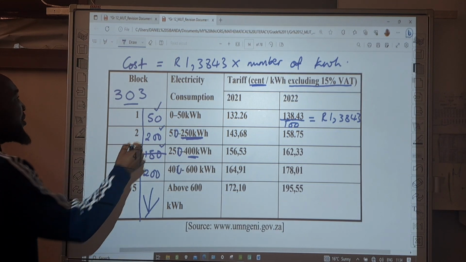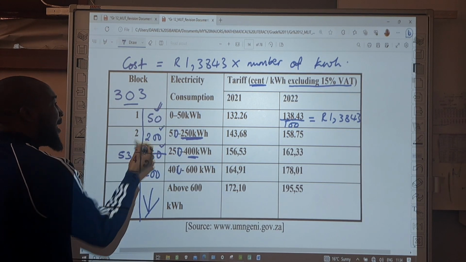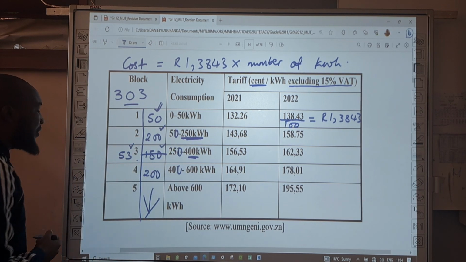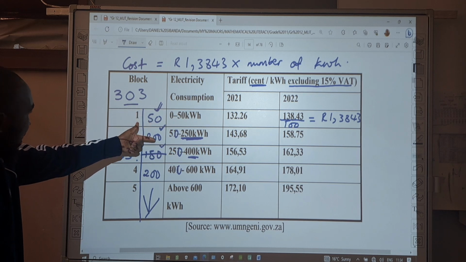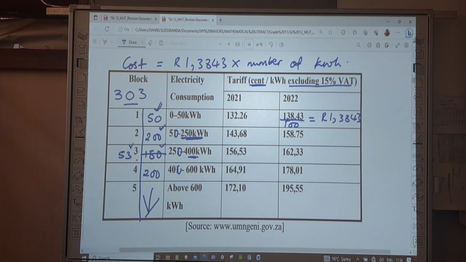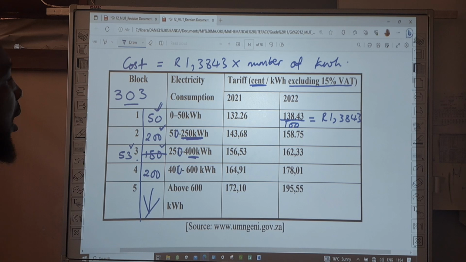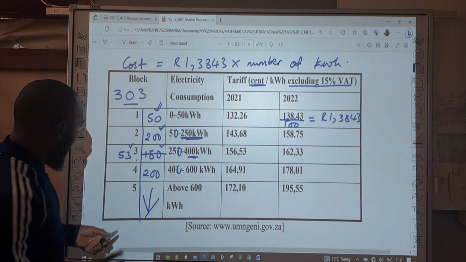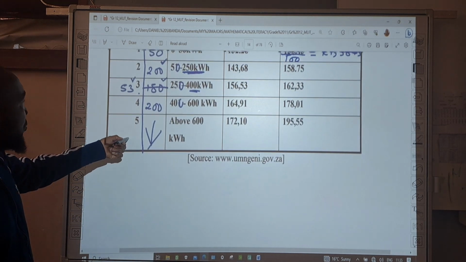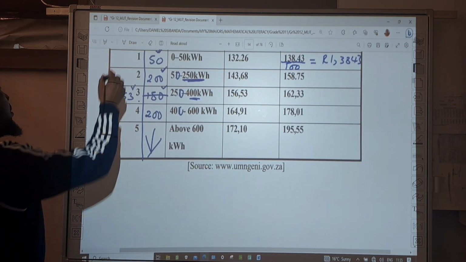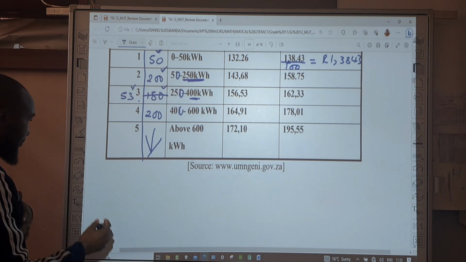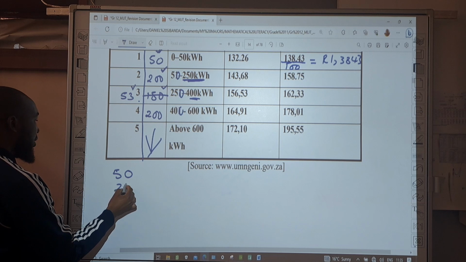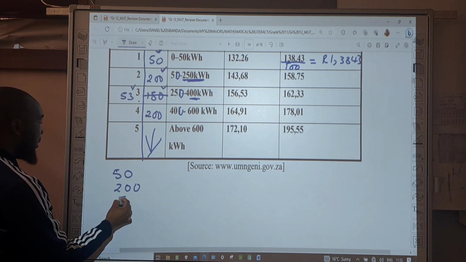So we have the first block paying 50, the second block paying 200, the third block paying 53. If you add 50, 200, 53, they are going to give you 303 units. The next step, in your answer sheet, you take your 50, your 200 and your 53.